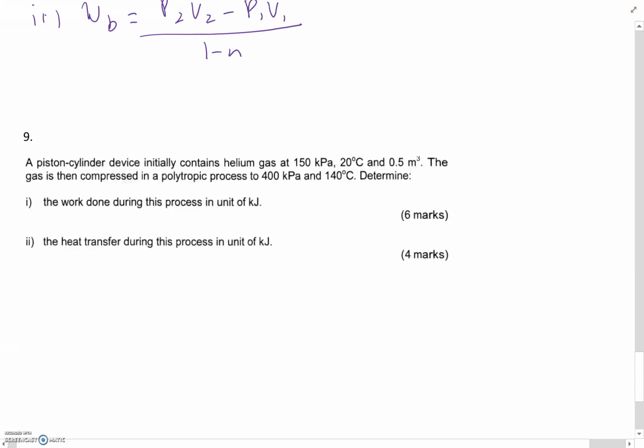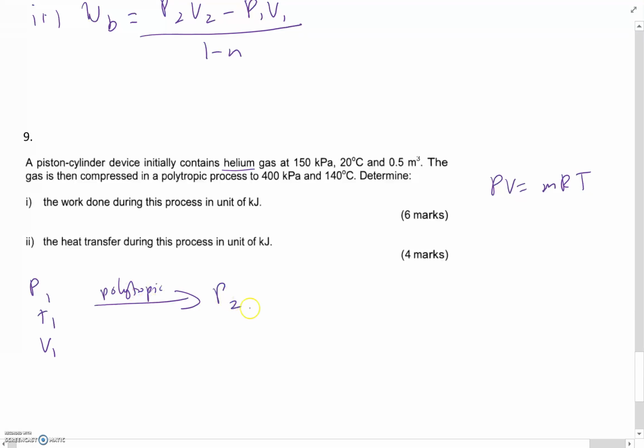Question number 9. This is helium gas, so still using PV equals mRT. You have P1, T1, and V1. The gas is then compressed, so it's quite similar to question number 8. This is polytropic.